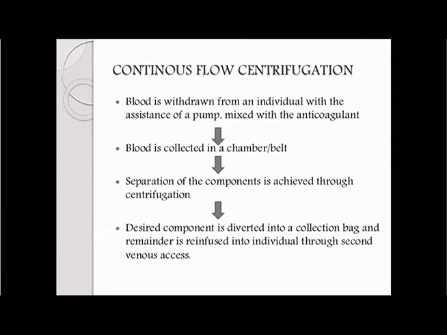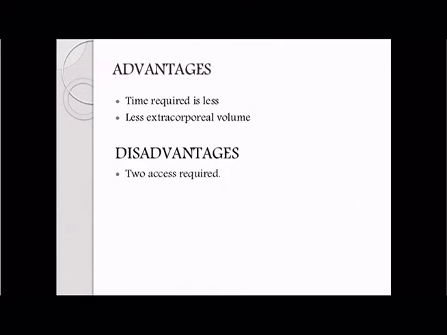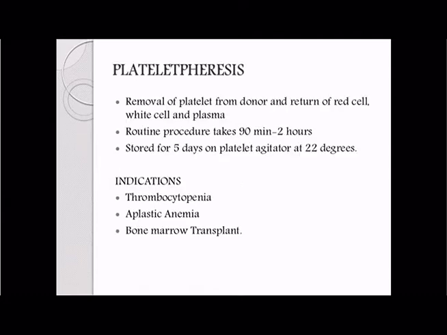The remainder of the component is reinfused to the individual through the second venous site. Advantage: the time required is less, and less extracorporeal blood is required. Disadvantage: two accesses required, that is, two veins are punctured. So this is continuous flow centrifugation.